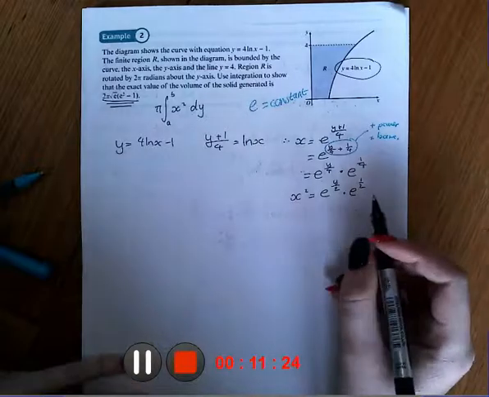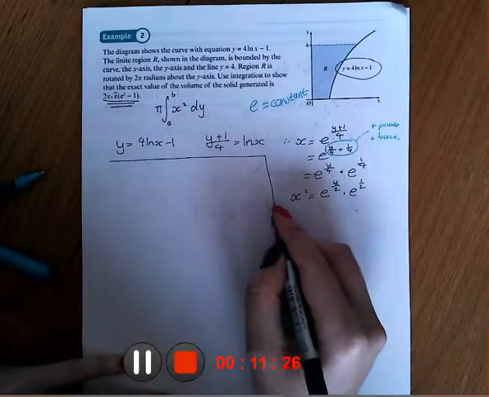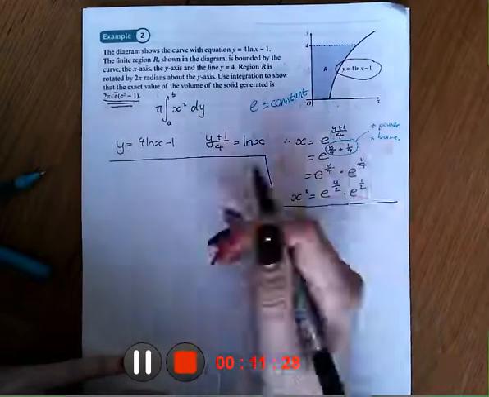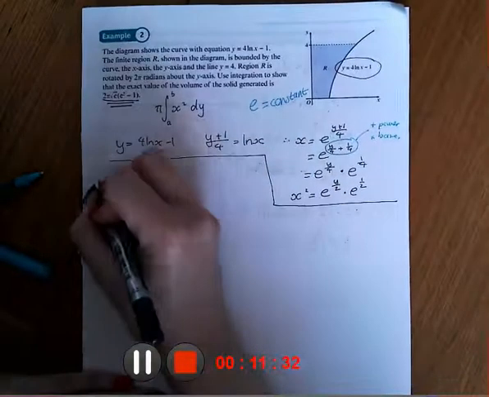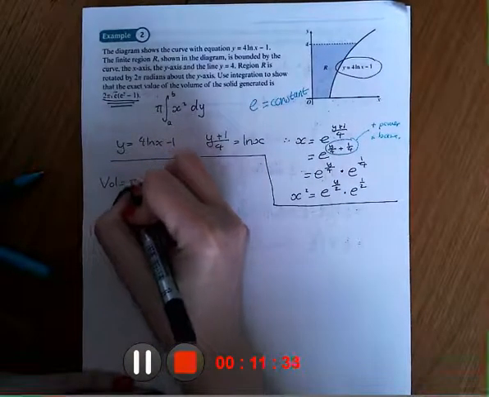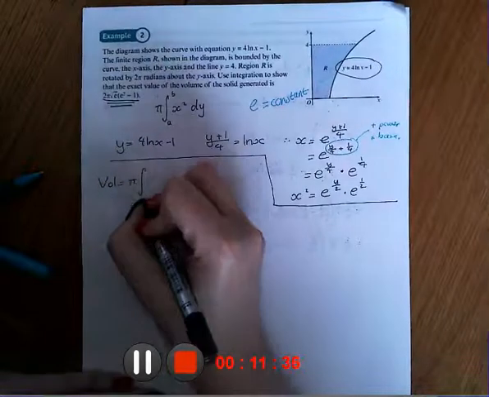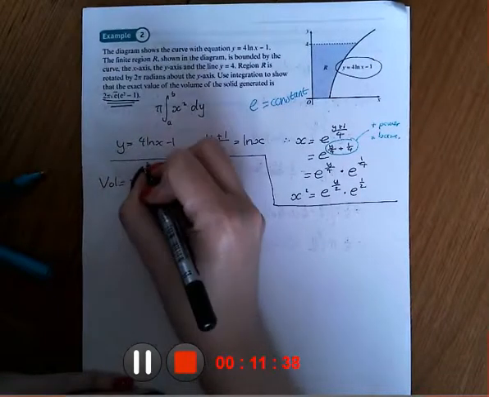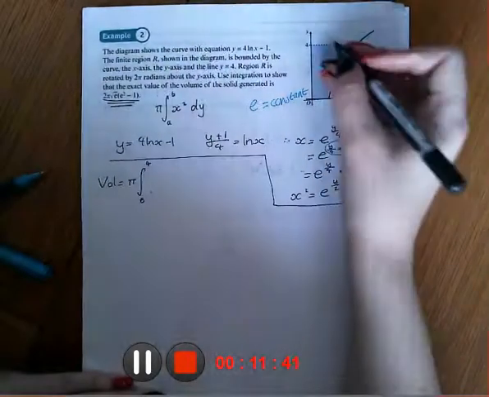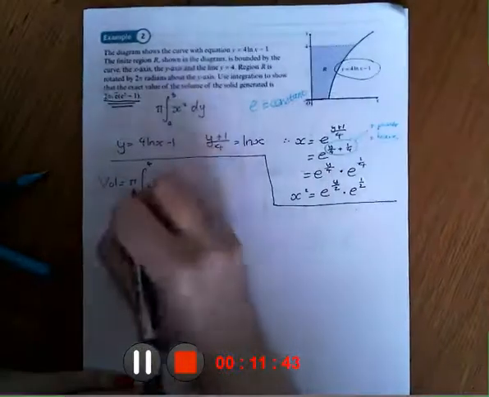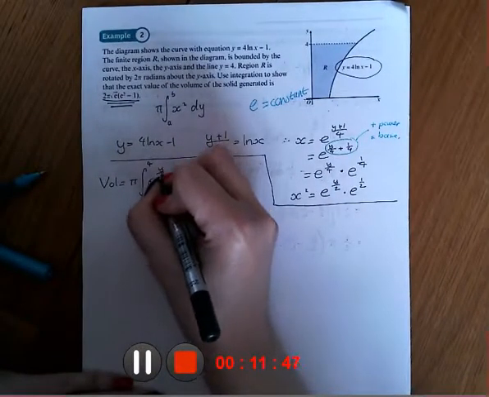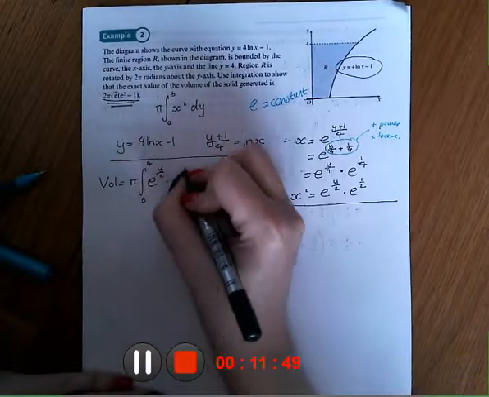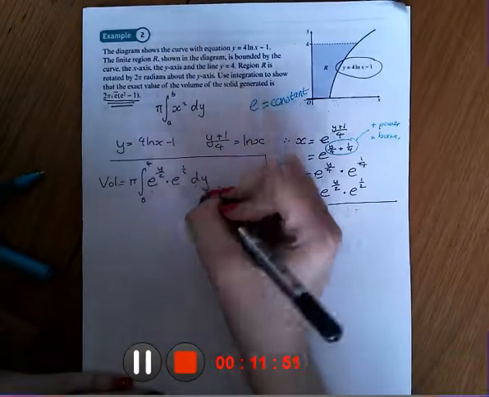Now I've got x squared, I can actually integrate. Now what I'm probably just going to do is do this so that I can use the paper. Obviously you would have tons of space, so just do it underneath. So, the volume is equal to pi integrating between 0 and 4, because it's the x-axis, and 4, of x squared, which is e to the power of y over 2 times by e to the power of a half with respect to y.